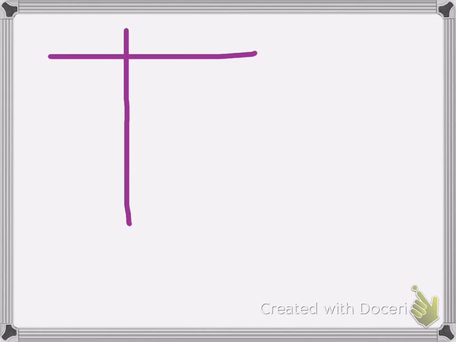Back whenever we taught elapsed time, we would give you a T-chart that looks something like this. We would start it at 9:30 p.m. and then work our way to 6 a.m. to get our total.